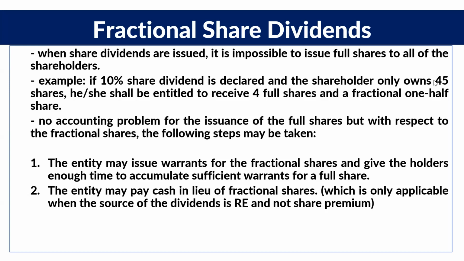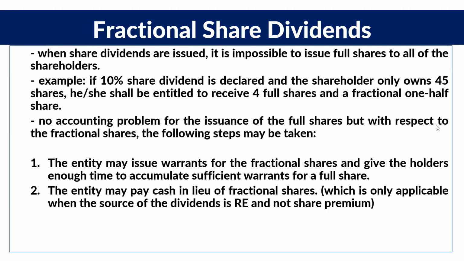So 45 times 10%, he will receive only 4.5 shares. So, full shares and a fractional share of 0.5 or 1/2 share. So there's no accounting problem for the issuance of the full shares. But with respect to the fractional shares, the following steps may be taken.